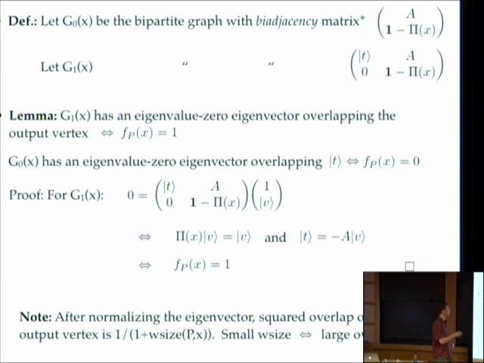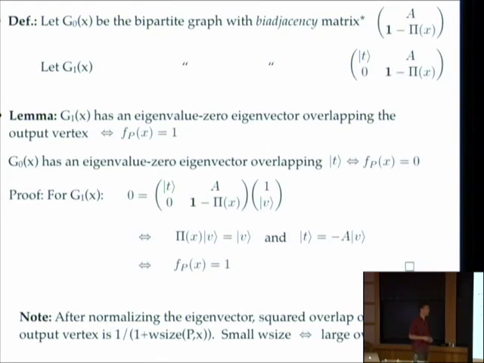Actually, we get a stronger statement than just this lemma. If you normalize the eigenvector, so say normalize it so that the overlap on this vertex is 1, then the squared norm of that eigenvector is going to be 1 plus the witness size. The witness size was the squared length of this portion, and so when we normalize the eigenvector, we get 1 plus that.